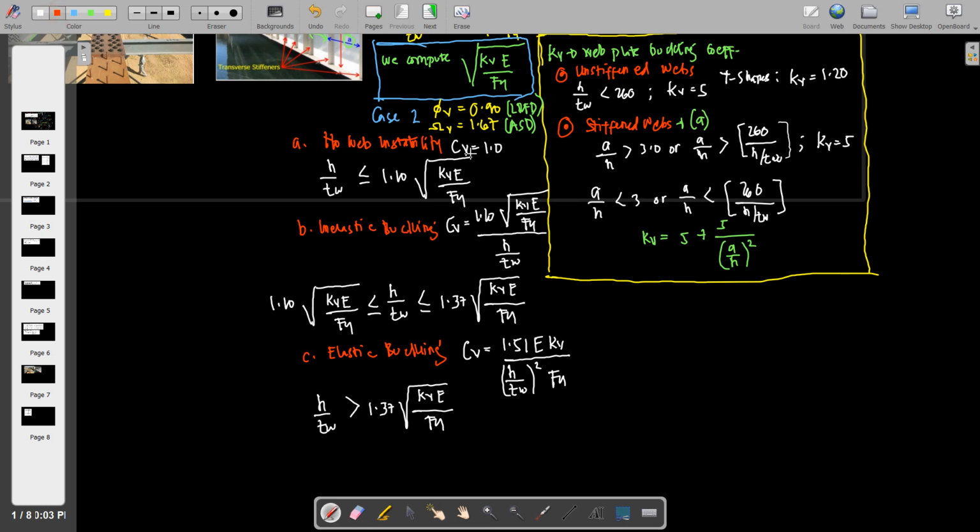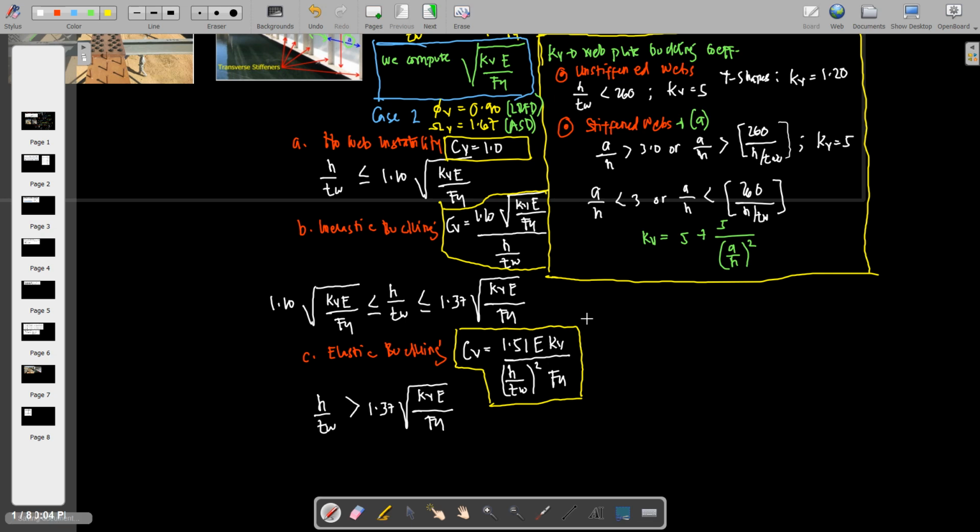So, I'll just have to highlight this. CV is equal to 1 for this expression. CV is this equation for letter B, and CV will be this equation for letter C condition.